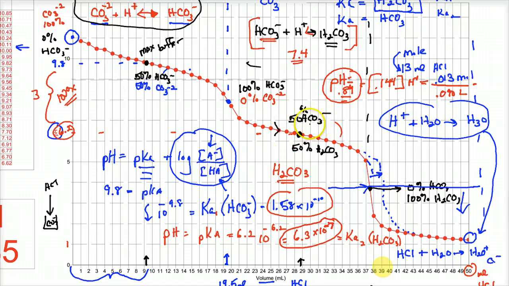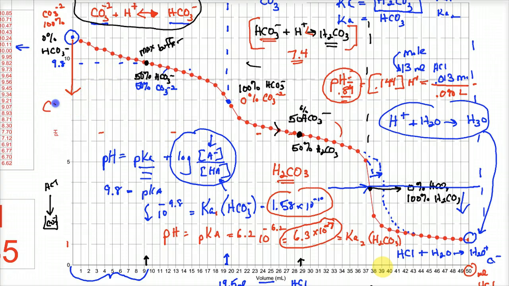Okay, so now we're almost done. Now we have our Ka. To validate this position, all we have to do is take our K and do an equilibrium problem.